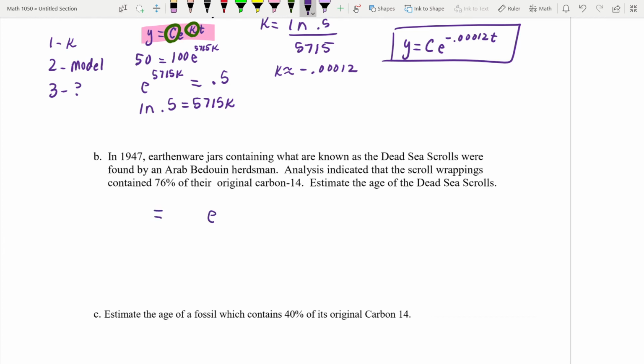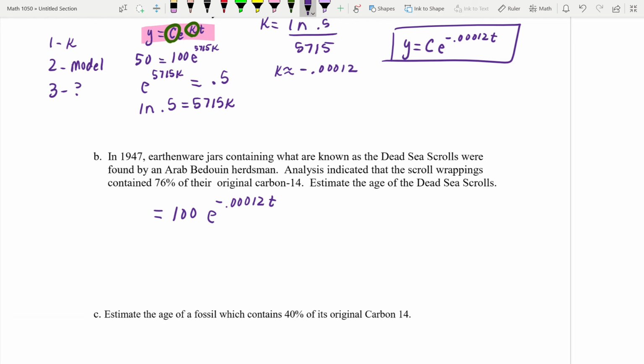On the right-hand side, go e to the negative 0.00012t. They still didn't tell me how much I started with. But I do know that I'm trying to find out when 76% is left. So I make it up again. I'm going to say I started with 100 grams or something.